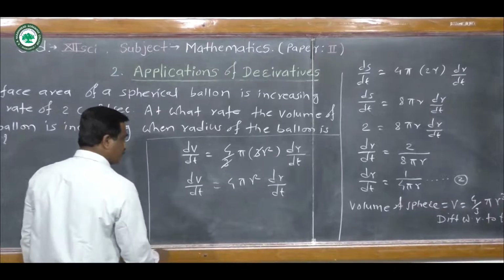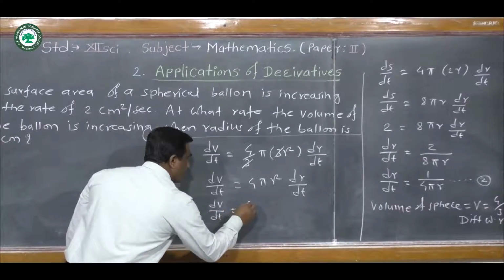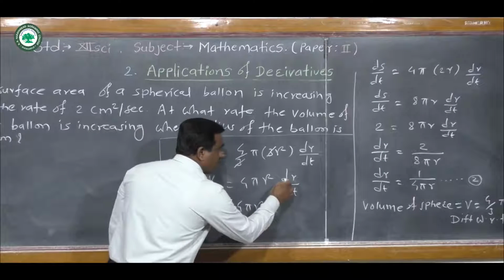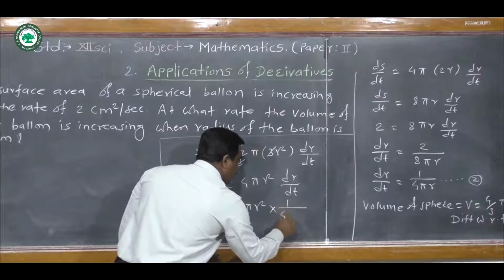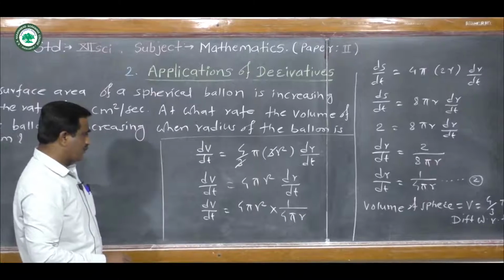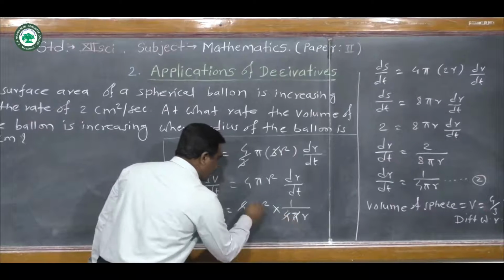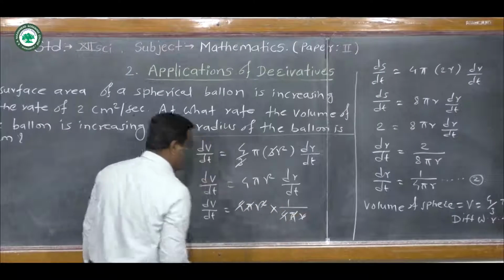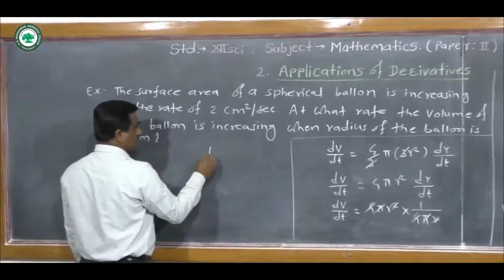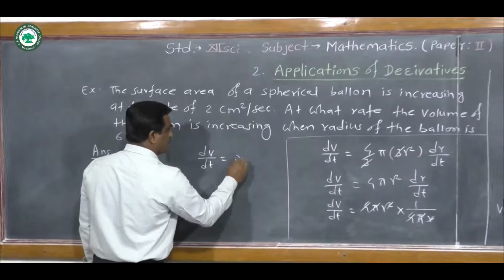That is, dr by dt is equal to 1 upon 4π r. So dV by dt is equal to 4π r squared into 1 upon 4π r. Now the 4 cancels out, π also cancels, one r cancels out, and only dV by dt is equal to r remains.